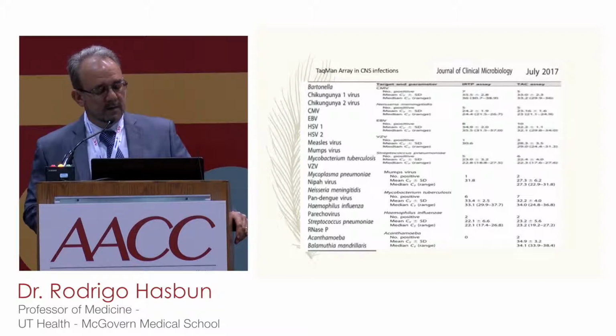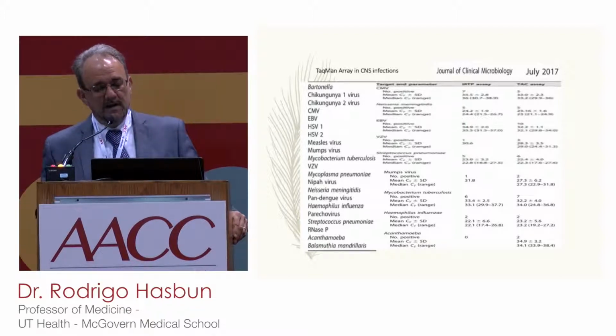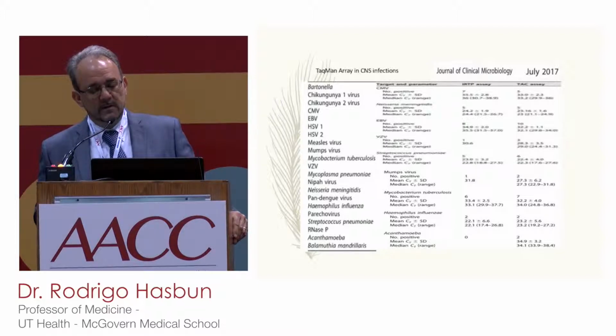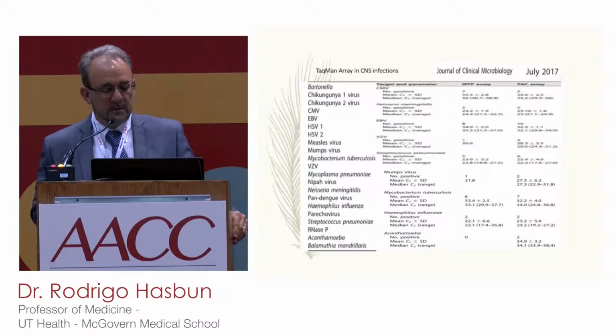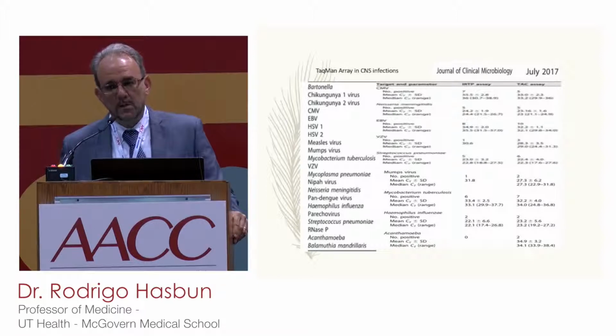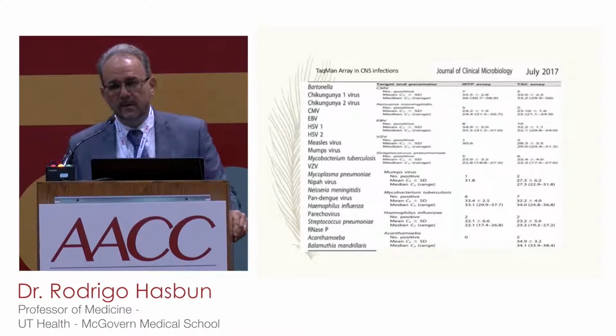It's a long list, even amoebas. But the experience is not that much. There have only been 7 patients with CMV, and the TAC didn't detect 2 of them. There were 5 with meningitis. They were all detected. 8 detected by this assay, by 10 by the TAC. So you see that the data is really small right now, but that's another multiplex PCR that's being evaluated right now.